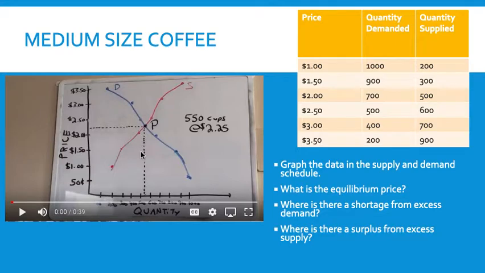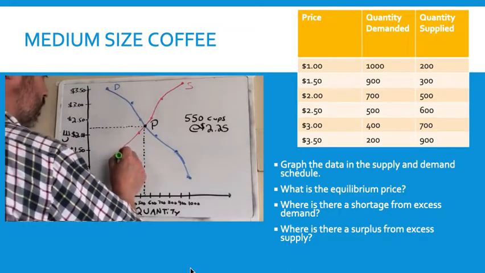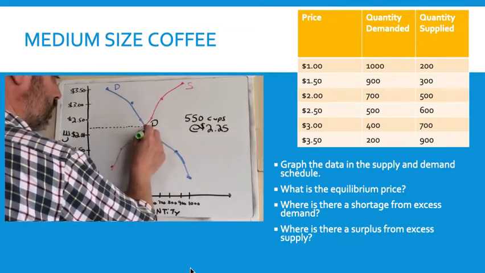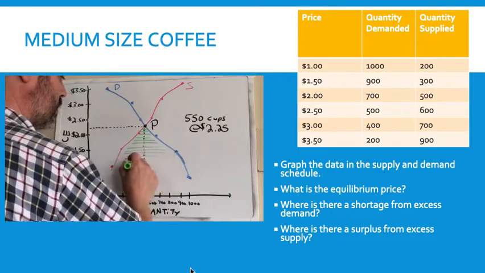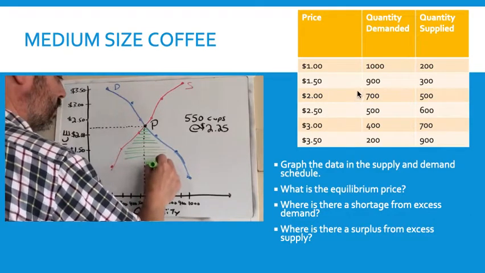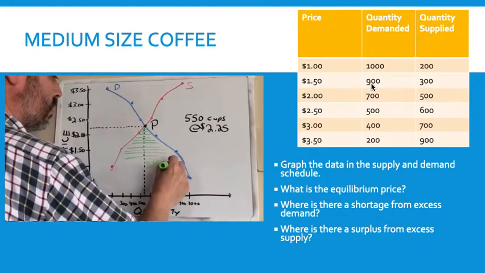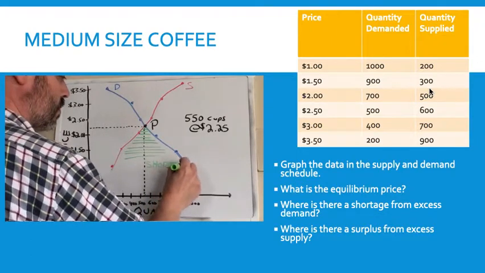So we know that anywhere down here, we're going to end up with a shortage. I'll show that in the video. On a graph, anywhere below the equilibrium price would indicate a shortage because there are more people demanding the product than people who want to supply it.